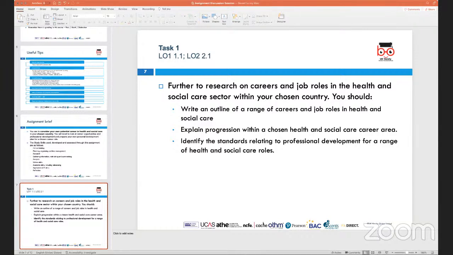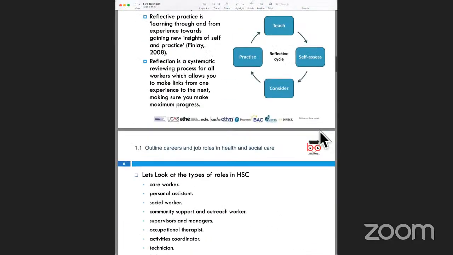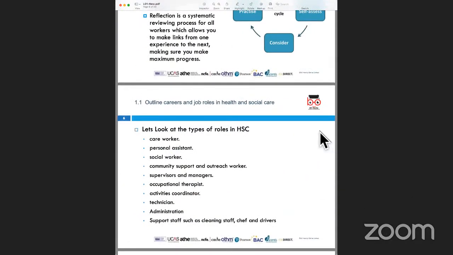Now, these career roles that we talked about were categorized into 4 or 5 different categories. If you refer to the presentation of learning outcome 1 and task 1.1, you would be able to find this task in that presentation.